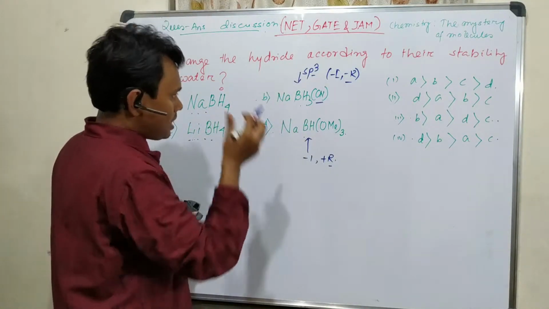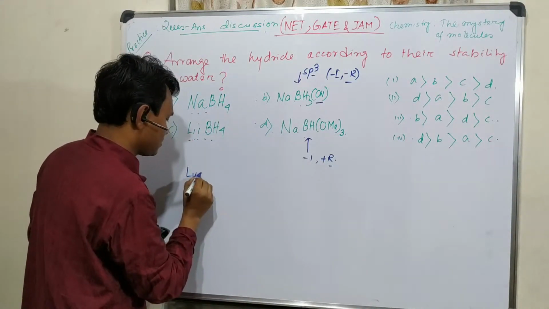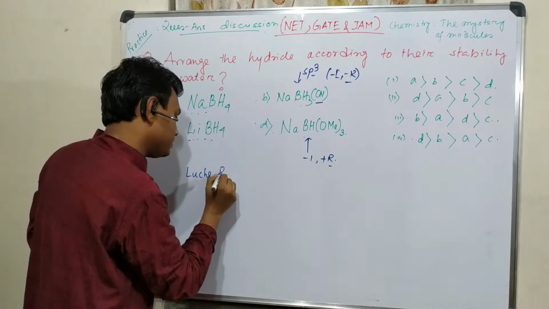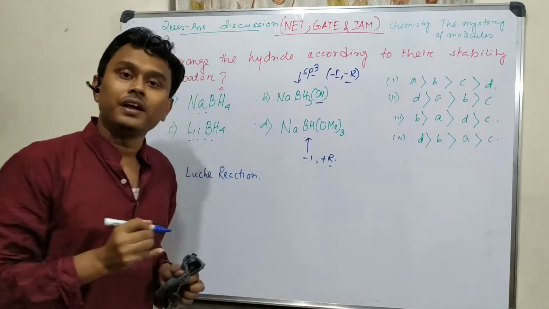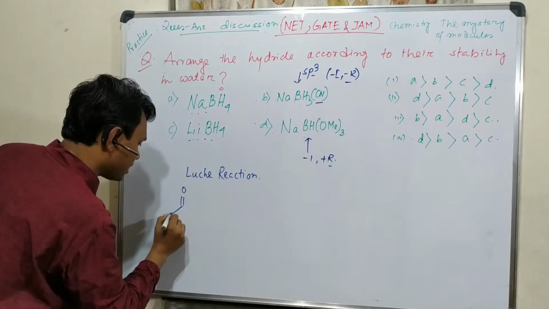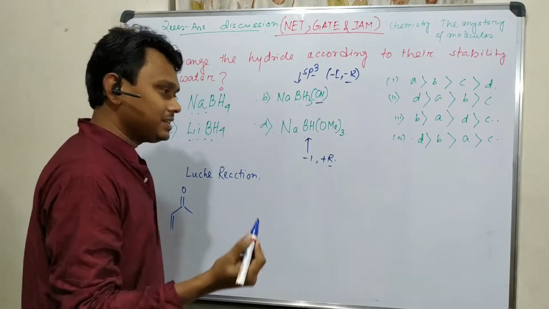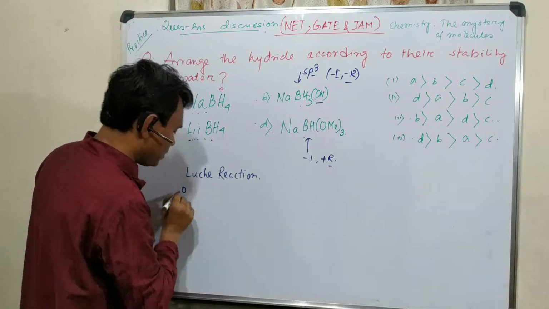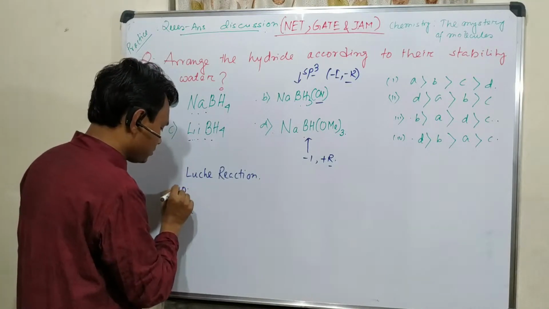If you remember the Luche reaction, I have made a separate video about it. You can find out there what happens in this reaction. With an alpha-beta unsaturated carbonyl compound, the ketone is selectively reduced because of the excess electron availability on the carbonyl group.